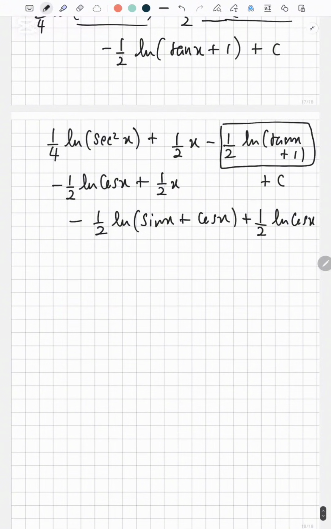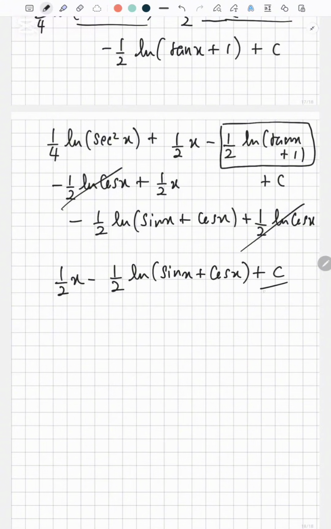You can see half ln cos x cancels off, and then you end up with half x minus half ln of sin x plus cos x plus c, which is your answer.